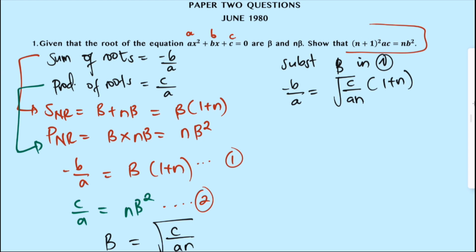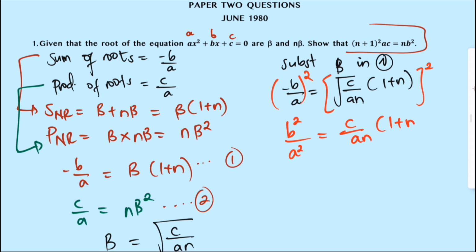And next thing we can do is square both sides, because we want to get rid of that square root. Just like that. If we square a negative number, we have positive, so this will go ahead to be b squared over a squared equals c over an bracket 1 plus n all squared.